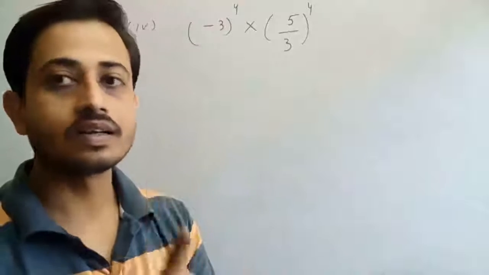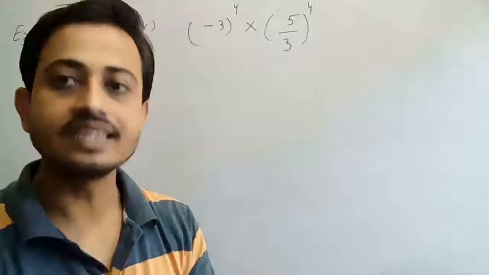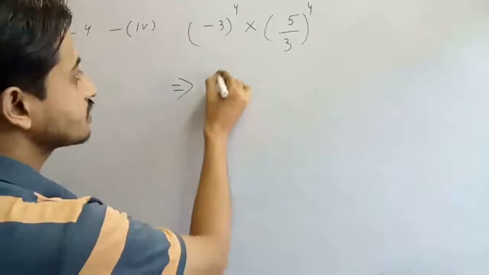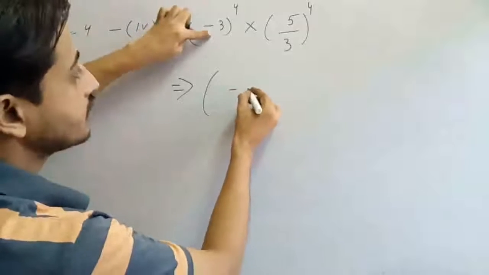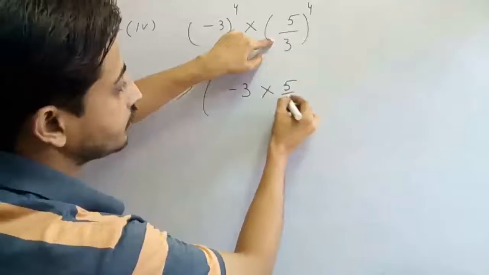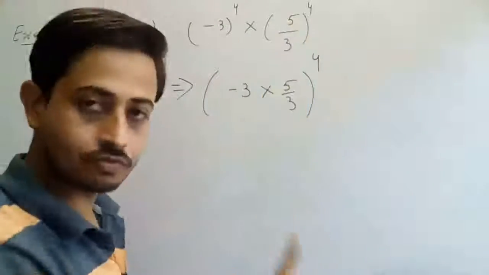Again the power is same. So what's the rule? Exponents get multiplied. So I can write it as the exponent in this case is minus 3 multiply the exponent 5 by 3, and the power remains same, so the power should be 4.